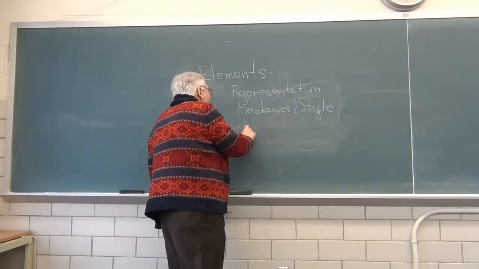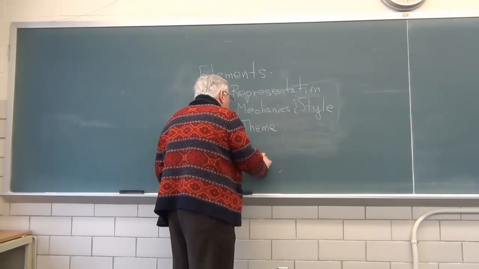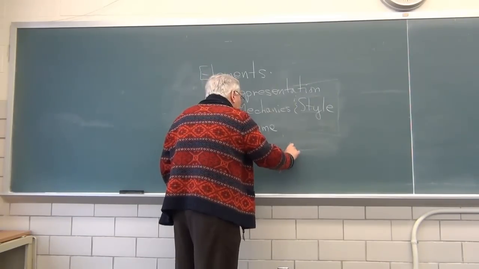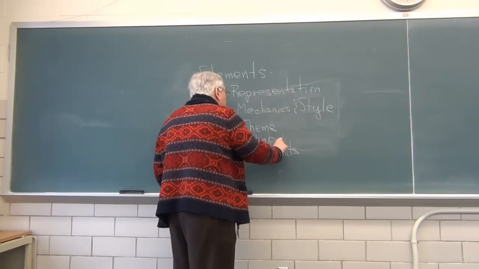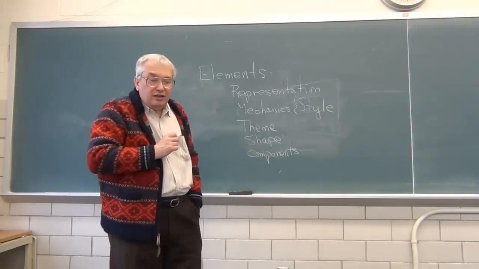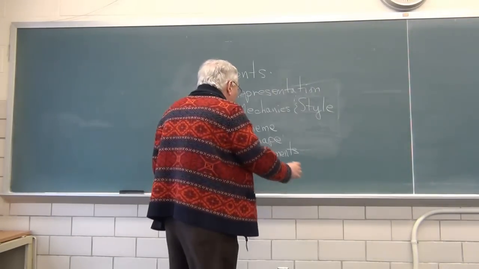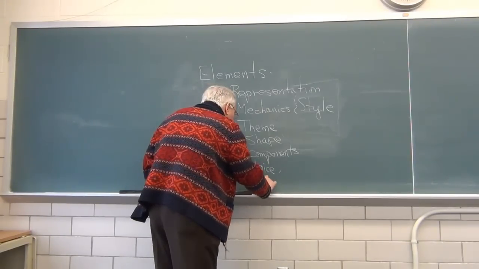There is theme. I should remember components. There is shape. You see, I'm listing different sorts of things that you would have in any game. There is voice. And there is content.